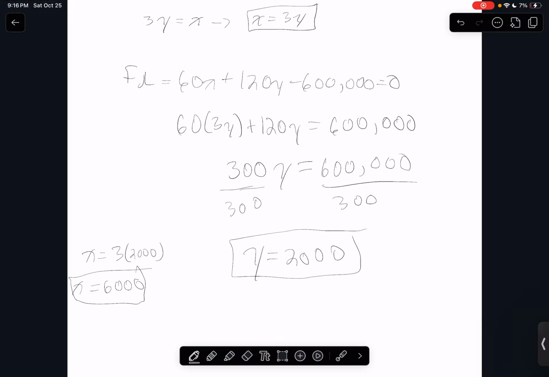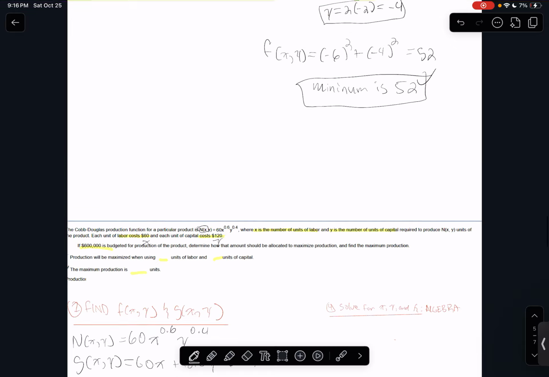So essentially, we found out that the production, let me go back to the equation. What should determine the amount that should be allocated to maximize production and find the maximum production.